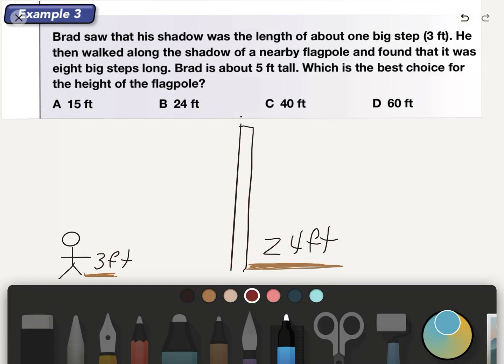Brad is about 5 feet tall, so what is the best guess for how high the pole is?